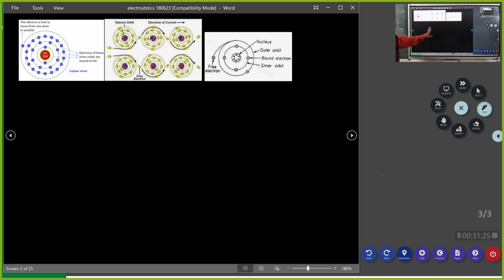Now, I think all of you know a lot of chemistry, right? You have studied the periodic table and different atoms. I am taking copper here. Copper 29. So this is the electronic configuration of copper.